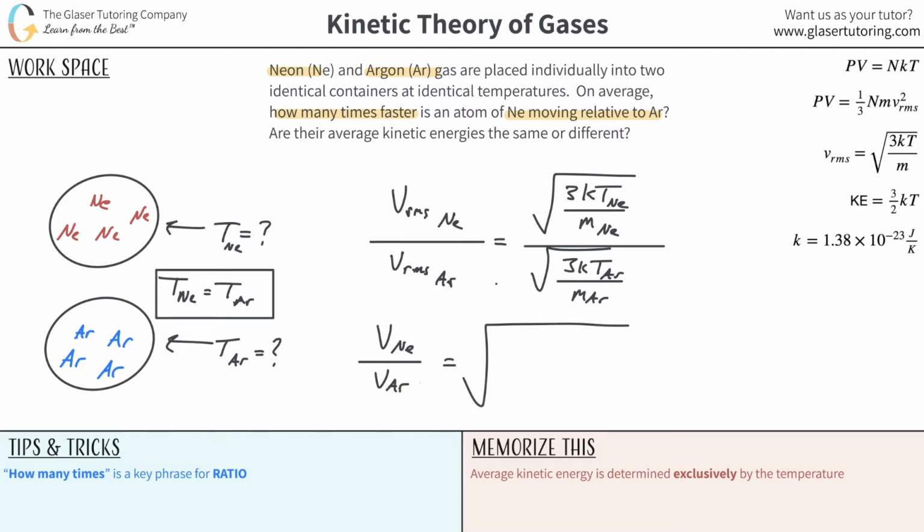So this is now the square root of 3 K T of neon divided by the mass of neon, all divided by 3 K T of argon divided by the mass of argon.